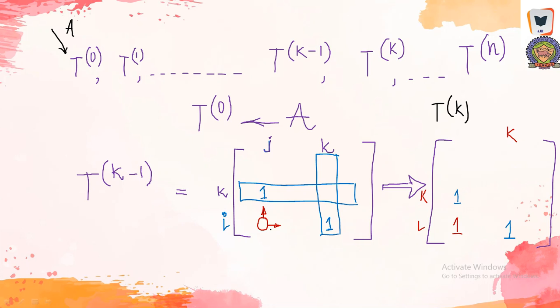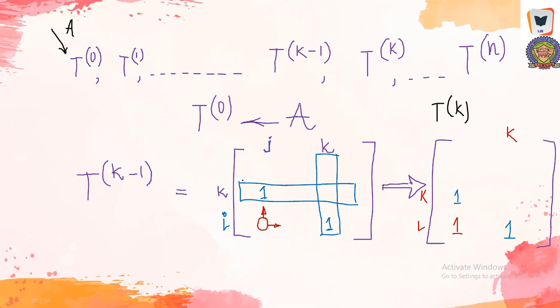In the k minus 1th matrix, the kth row and kth column are selected. For example, to build T2, the transitive closure in its progression, we select the second row and the second column.